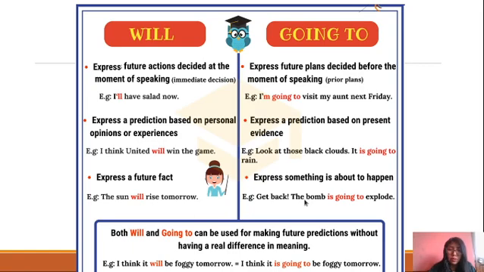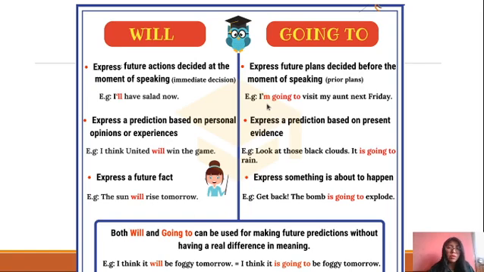So that is all. Pay attention here. Both will and going to can be used for making future predictions without having a real difference in meaning. Okay, it means that we can use both tenses in order to speak about the future, and the difference is not so high. For example, I can say I will visit my aunt next Friday.